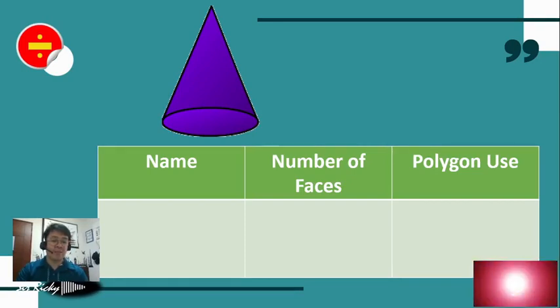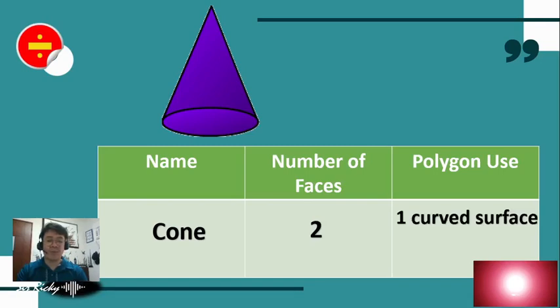If you name this solid figure as cone, good job! How about the number of faces? How many faces does this solid figure have? It has 2 faces, 1 lateral face or curved surface and 1 circle as its base.